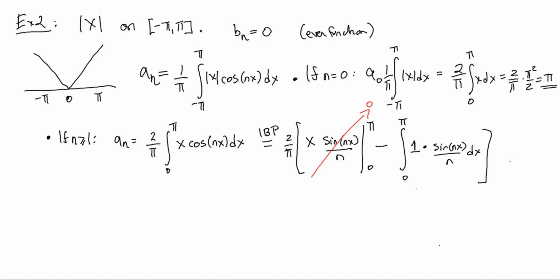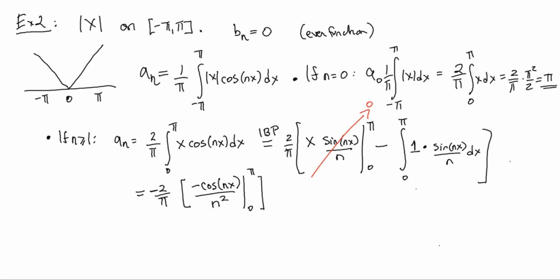And then if you integrate that, well, that's not that bad. You get that this is 2 over pi times, let's pull out the minus sign. What's the integral of sine nx? It's minus cosine nx, but now you have an n squared here, and you evaluate between pi and 0.